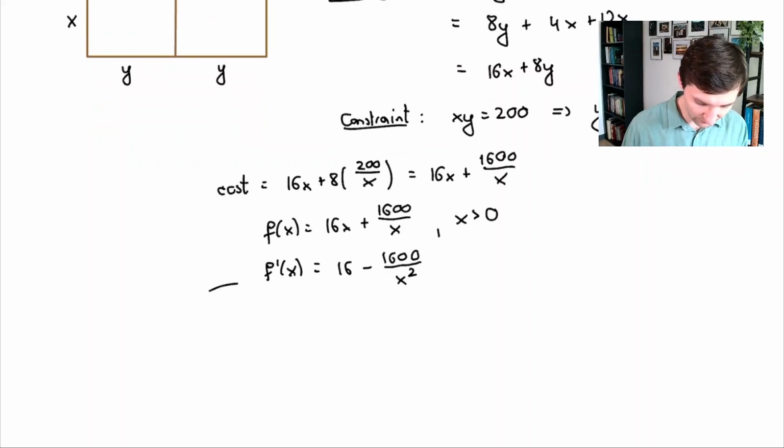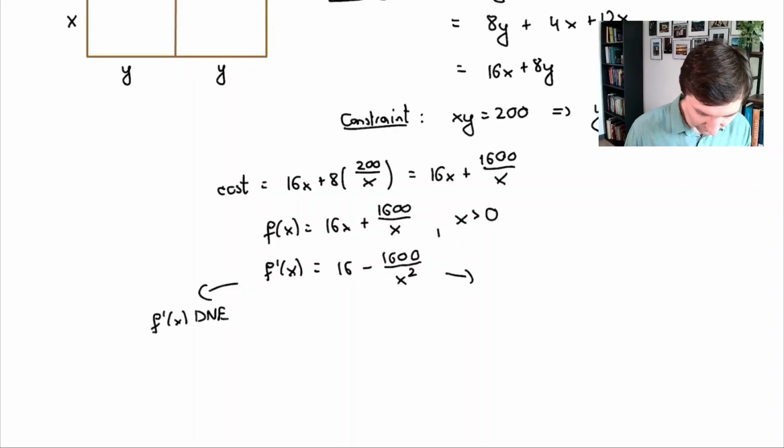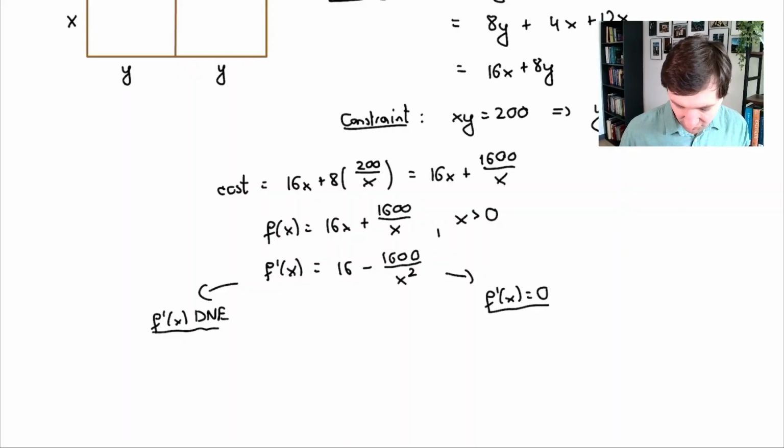Now I ask myself, is it possible for this derivative to not exist? And is it possible for this derivative to equal 0? There is one x for which this derivative doesn't exist. It is x equal to 0. However, x equal to 0 is not in the domain of my function. Also, x equal to 0 makes no physical sense. I will not take it into consideration.